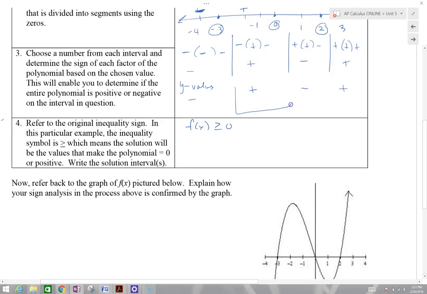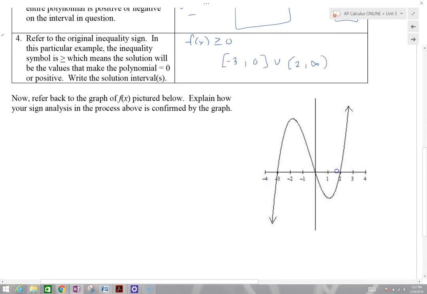And that happens on these intervals right here, and equal to 0, so we're going to include the endpoints. So we have that being -3 to 0 inclusive, because we're equal to 0, and then from 2 to positive infinity.